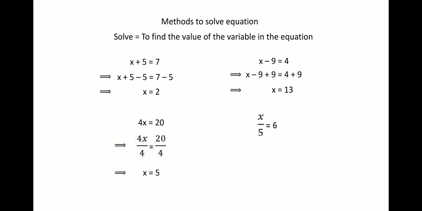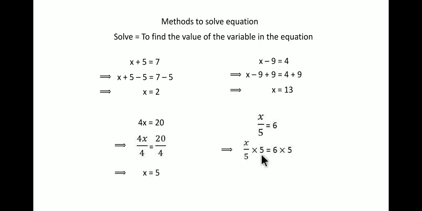Next, if the two terms are getting divided, over here x is being divided by 5. x by 5 is equal to 6. In order to get rid of this 5 in the denominator, what we will do is we will multiply this fraction x by 5 with 5, so that this 5 and 5 cancel and we get x.